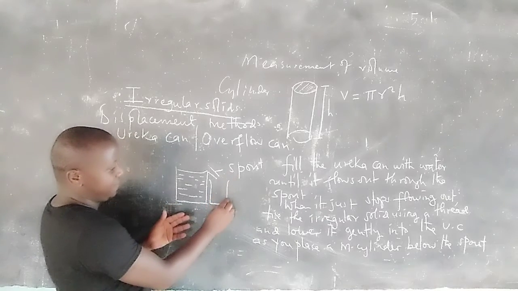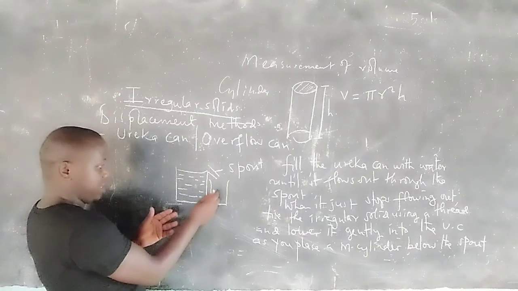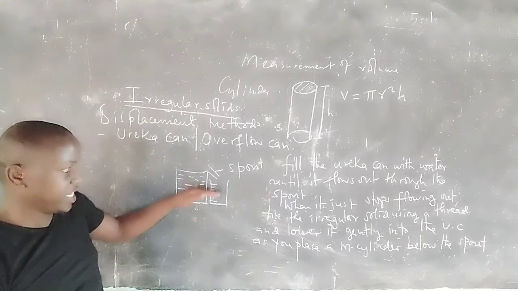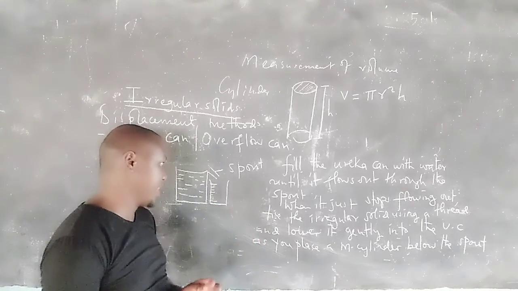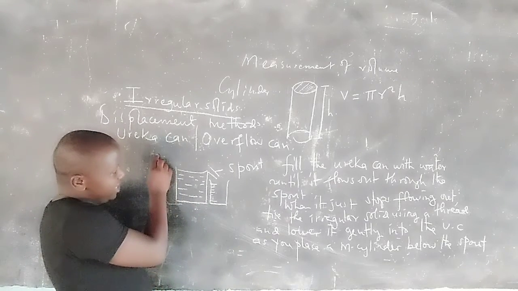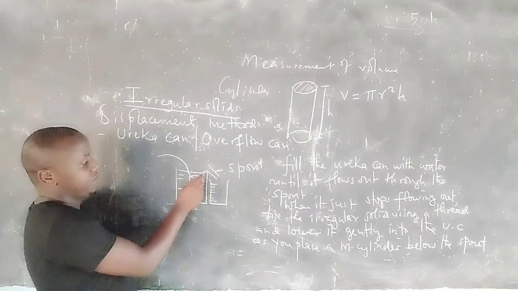A measuring cylinder is a graduated instrument used to measure volumes. Therefore, it is graduated in millilitres or cubic centimetres.